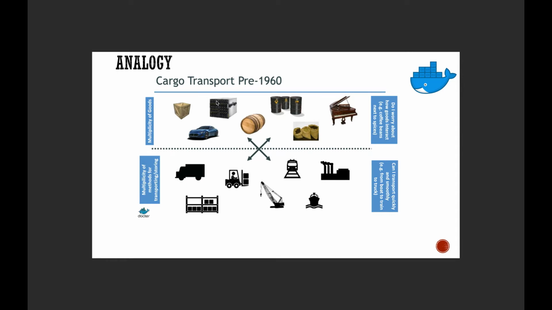Then we have some kind of server, a wooden drum, and spices, grains, piano, etc. So we need to worry about how the goods will interact with each other. We cannot pack the cereals together with tea or some other thing, because if it gets spilled, it will get mixed up. So those kinds of problems were there.